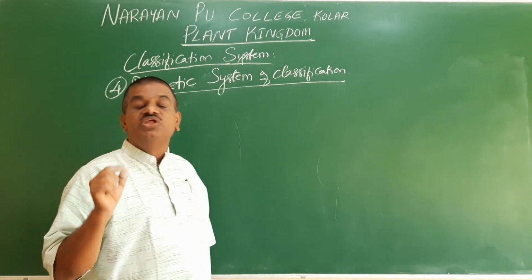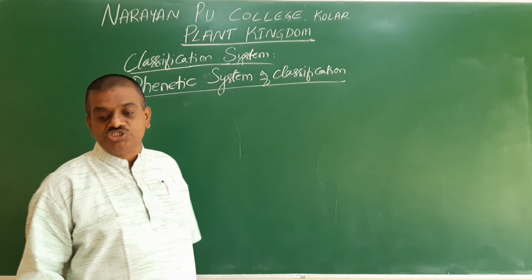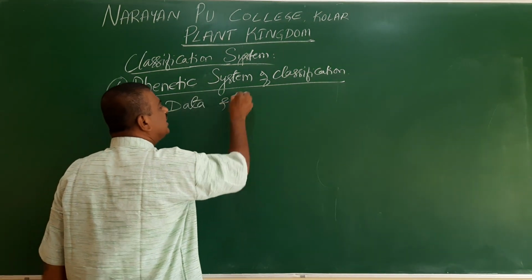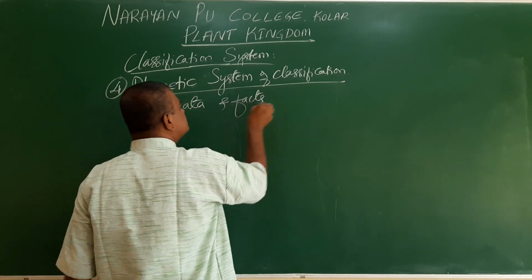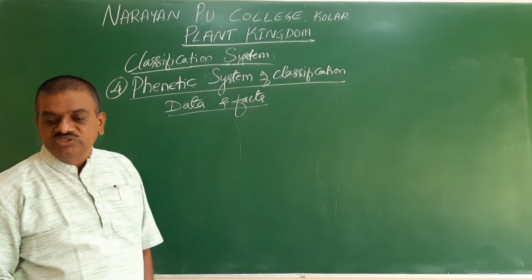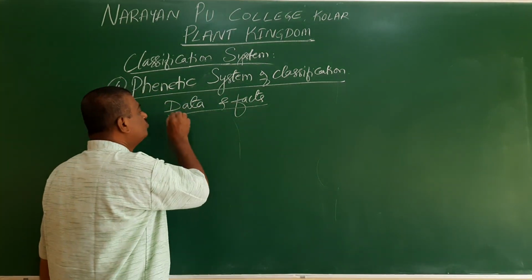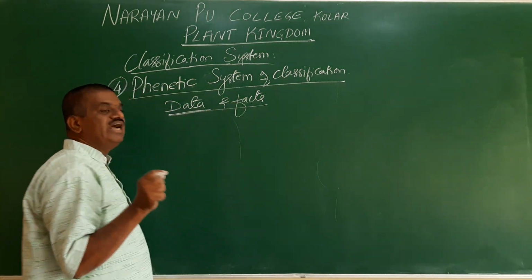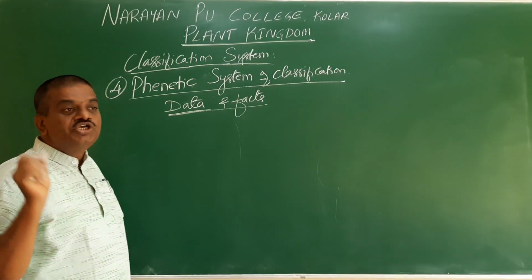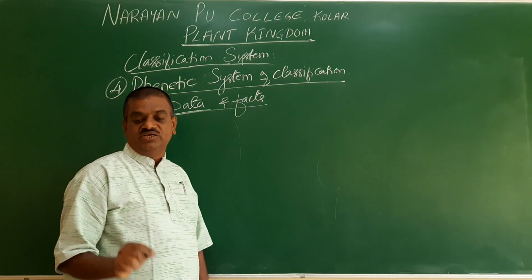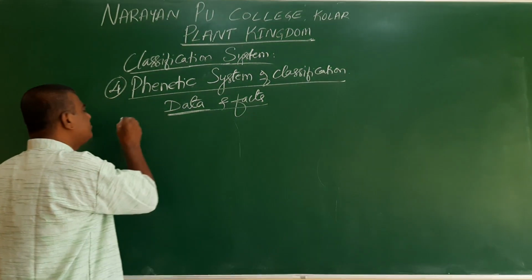Worldwide, it is used based on the data and facts of the required sources. Based on the data as well as the facts of the source present, it is being classified into different types.